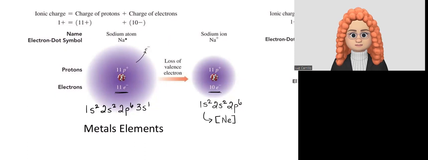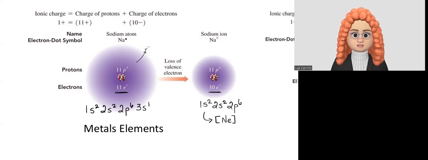So metal elements, when they lose their valence electrons, gain stability similar to the stability that noble gases have. In the case of sodium, that valence electron in the 3s1 subshell is lost in order for the sodium ion to have a similar electron configuration to the noble gas neon.